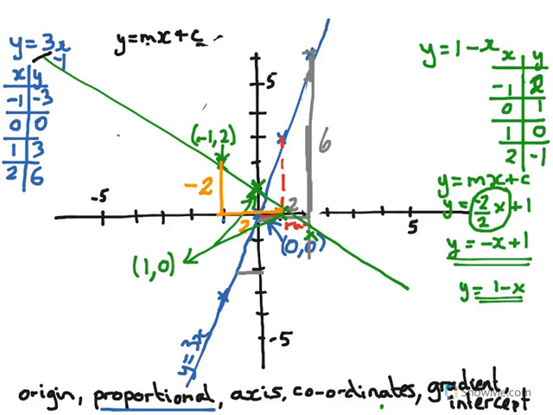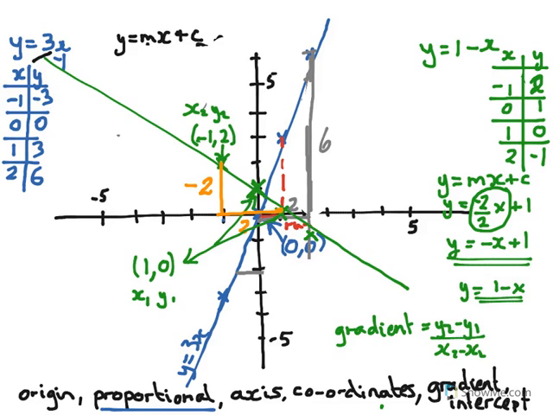So the top point here is our x2, y2, and the bottom point here is our x1, y1. And we know that the gradient of any straight line is the same as y2 minus y1, the difference in the y-axis, divided by the difference in the x-axis.